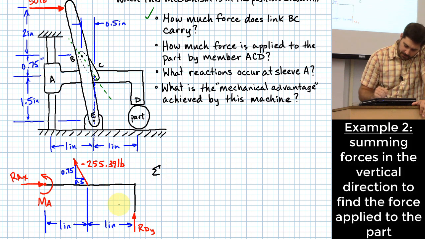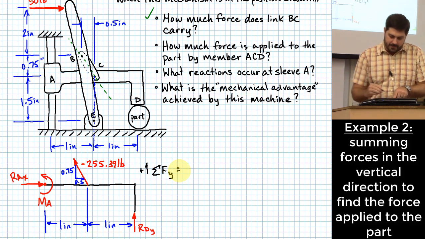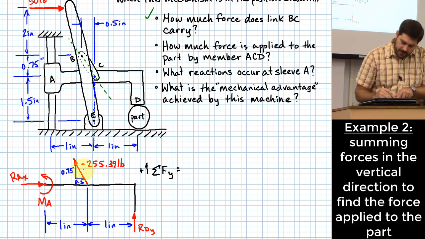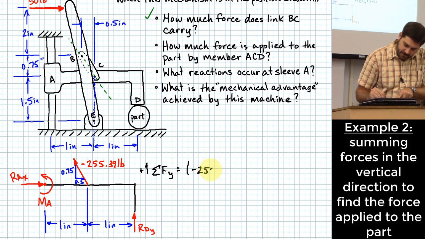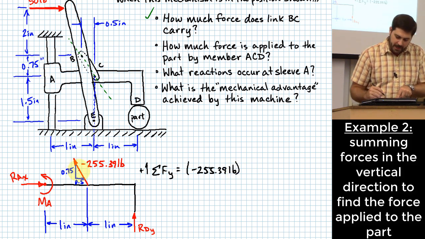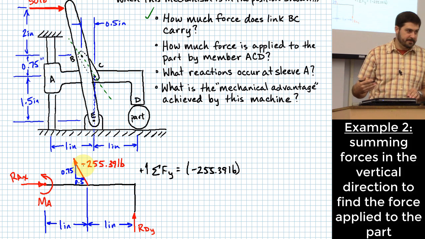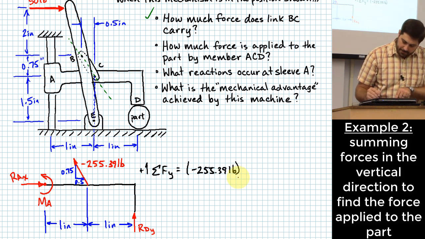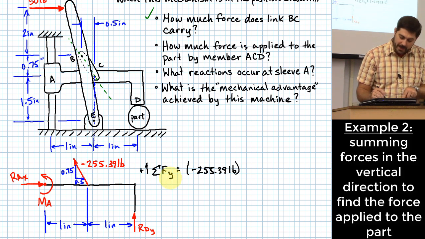Okay, summing forces in the y direction looks like a good idea to me. Okay, and I will have an upward force, so positive, but then a negative value of 255.39. If that makes sense. Upward arrow, so positive, but negative value, so negative. But not that entire force. What do I need to get to put in my y sum?